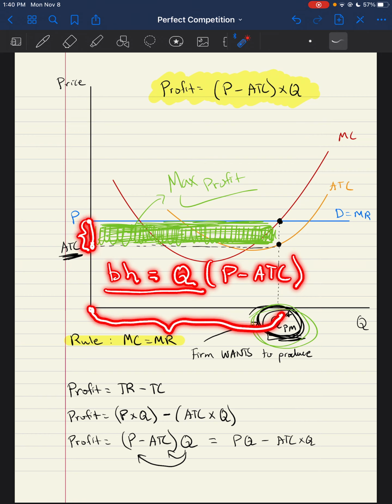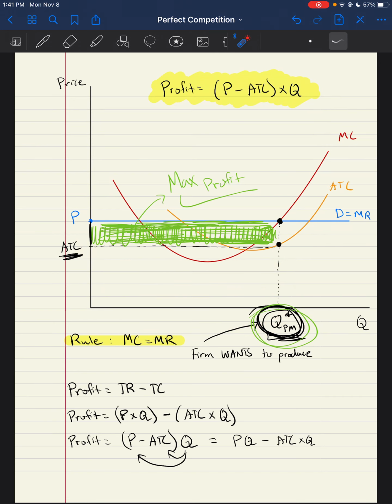So the height is P minus ATC, and the base is our Q. Check it out, it actually checks out. Visually what's going on checks out with the math that we did for profit. So the area of this rectangle is not just profit, it's our maximum profit.